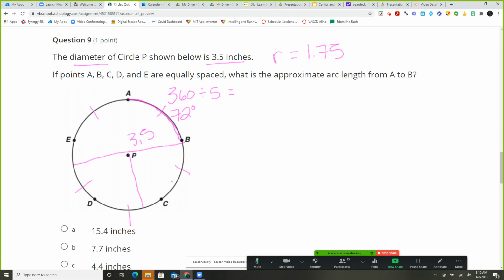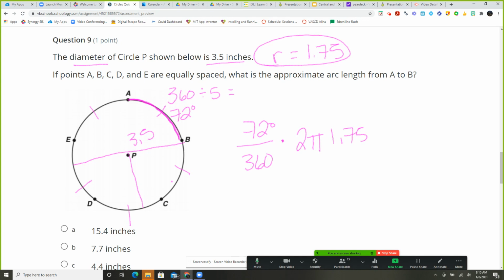So then how do I find that arc length? That's our formula from yesterday. So 72 degrees divided by 360. And then do I do area or circumference? Circumference. So 2 pi, and then we've got to use the radius of 1.75.